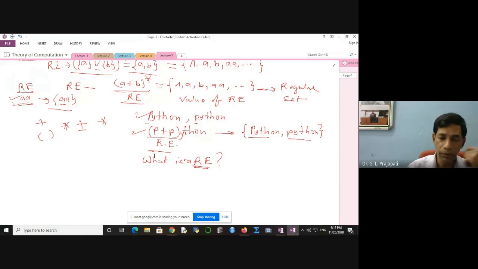So where can we find the usefulness of this regular expression? If you are searching in a text editor and want to find a word like Python, this is the pattern. So a regular expression is generally a pattern.